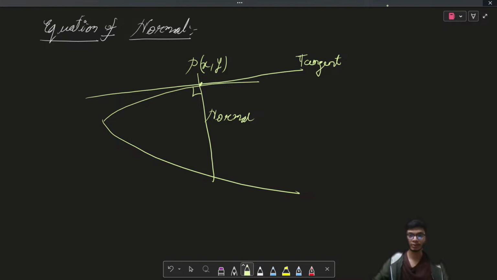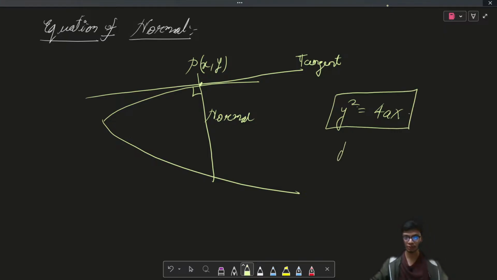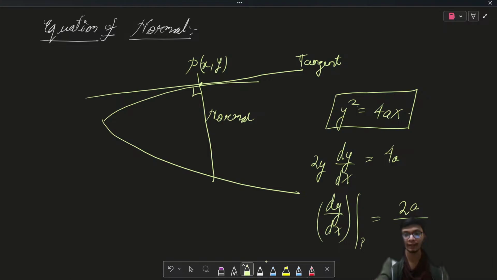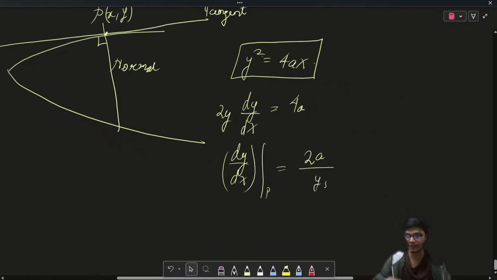Let us take the simple case of the standard parabola, y square equals 4ax, and differentiate this expression with respect to x. From here I can easily obtain dy by dx at point P, which will give me the slope of the tangent.